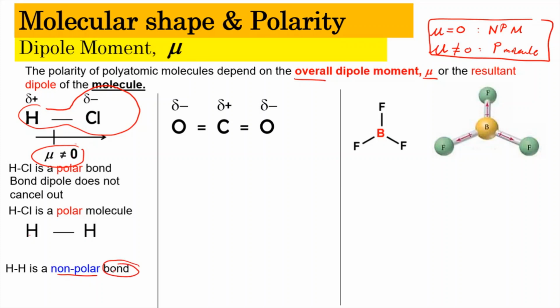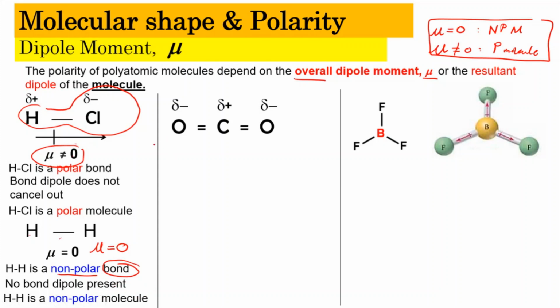We look at the bond first. Because the pulling force is the same, there is no bond dipole, so your mu here is supposed to equal 0. And as a result, when we have a dipole moment equal to 0, the H2 here is a non-polar molecule.